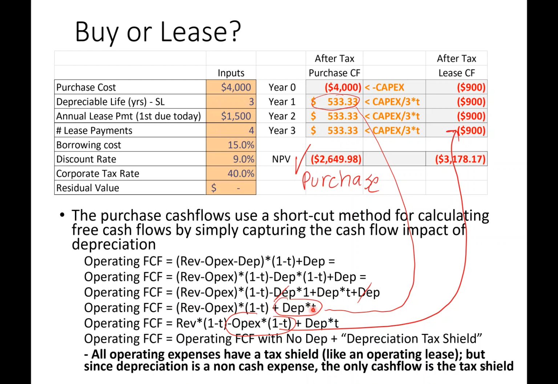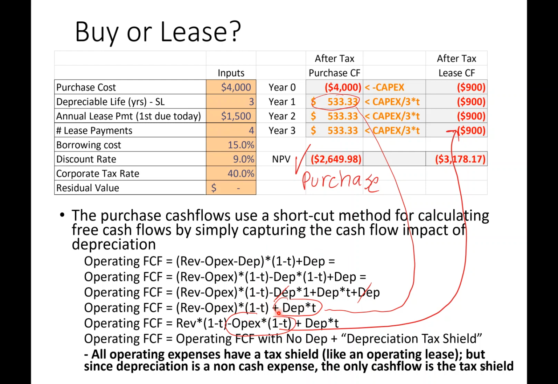What this means is depreciation is a non-cash expense. Normally we would include it as if it's a real expense, because it's going to save us taxes, and then add it back. However, you could use a shortcut method: ignore it, get EBITDA after tax, and just add the tax effect, which is simply the depreciation times the tax rate. I can go a little further.